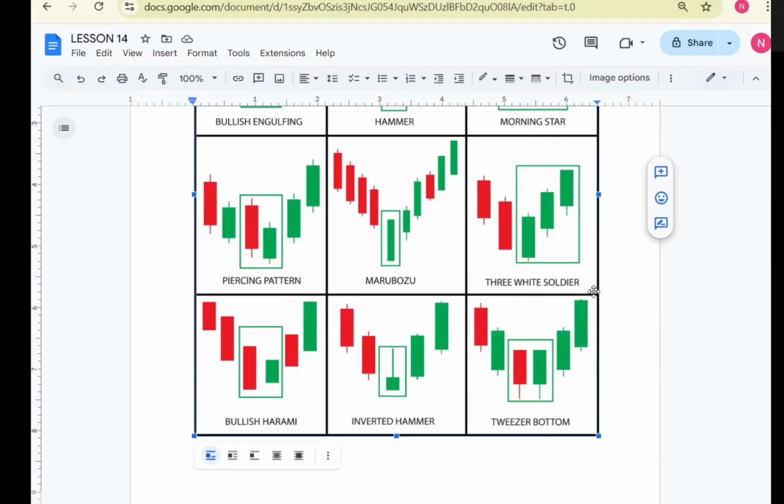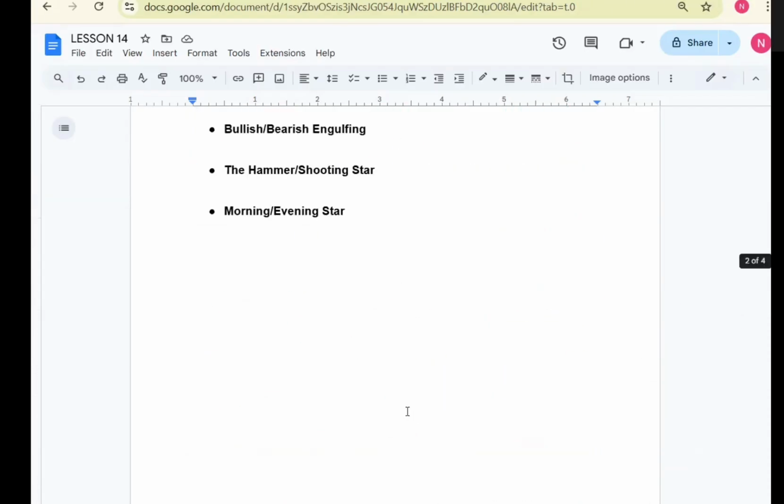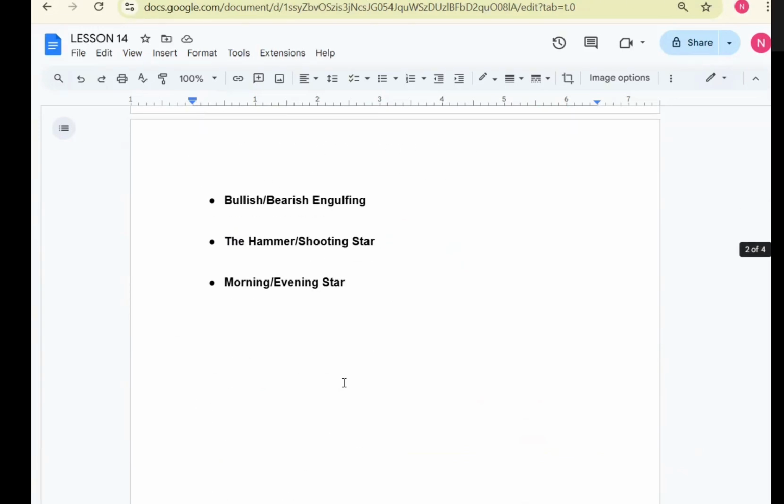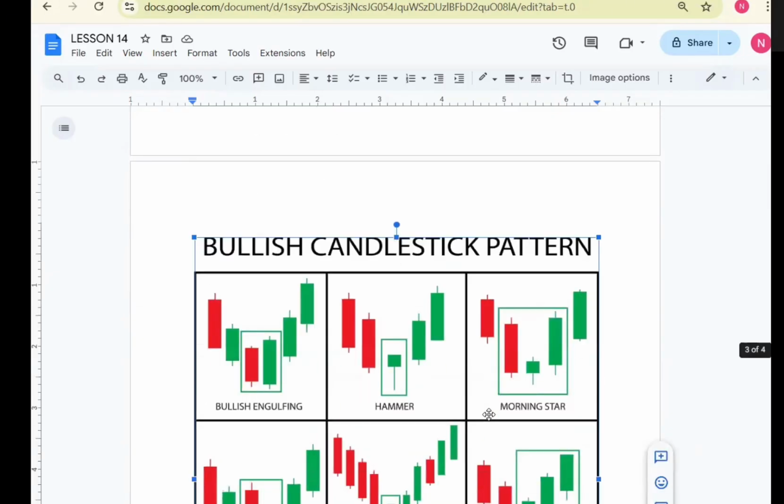We have three white soldiers as well, and piercing pattern, and the next one, bullish harami. But the victory that Bukowski wants to emphasize and remind all of us about its power and commonness is the bullish or bearish engulfing, hammer or shooting star, and morning or evening star.